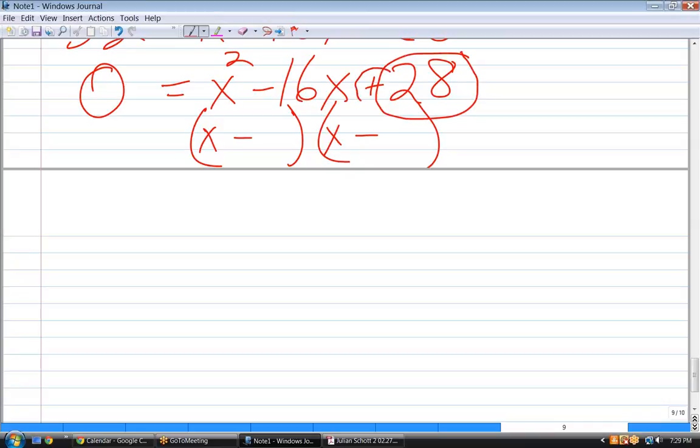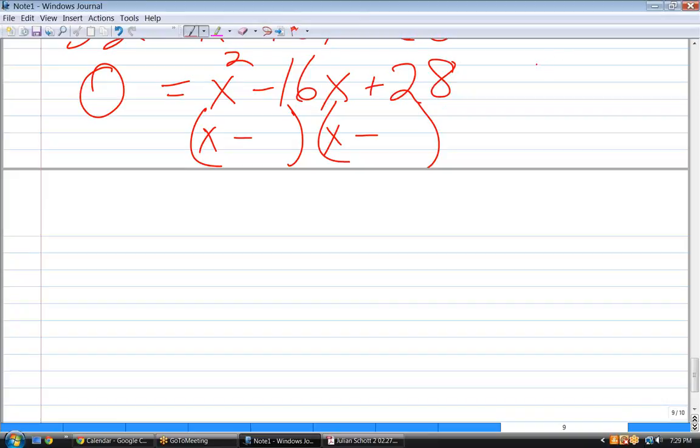That multiply together to make 28, but add together to equal 16. If this was a negative sign, they would need to subtract. We know they need to multiply to 28. That's what factors of 28 means. That's why I would like you to use that expression, because the third step at this point is we want factors of 28 that add to the number 16, and then we'll be done.